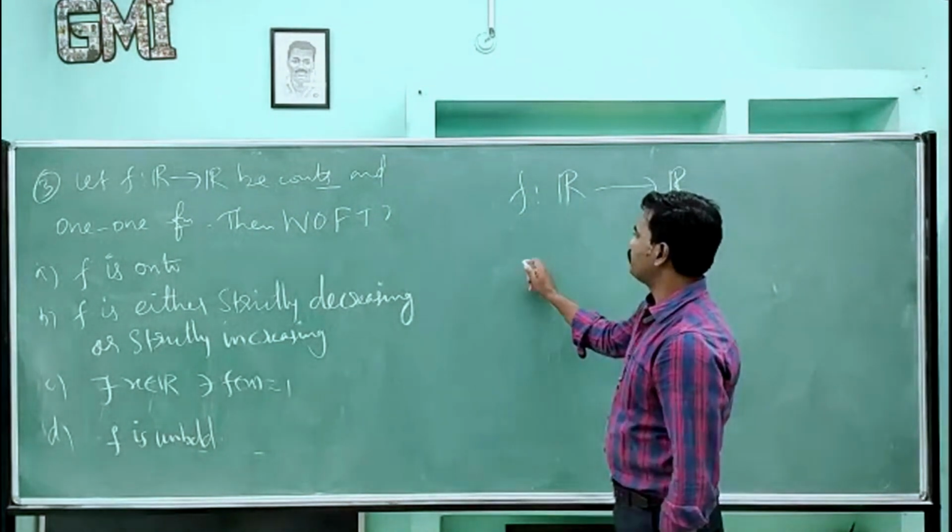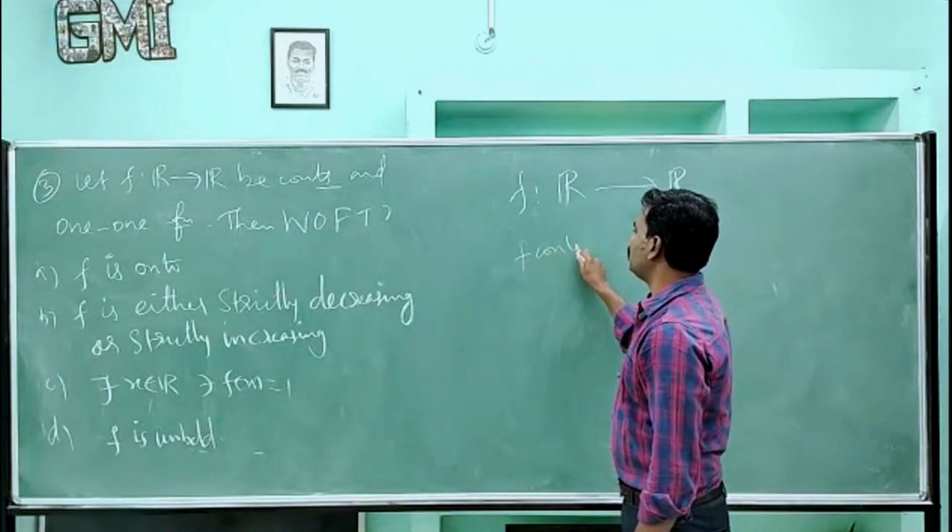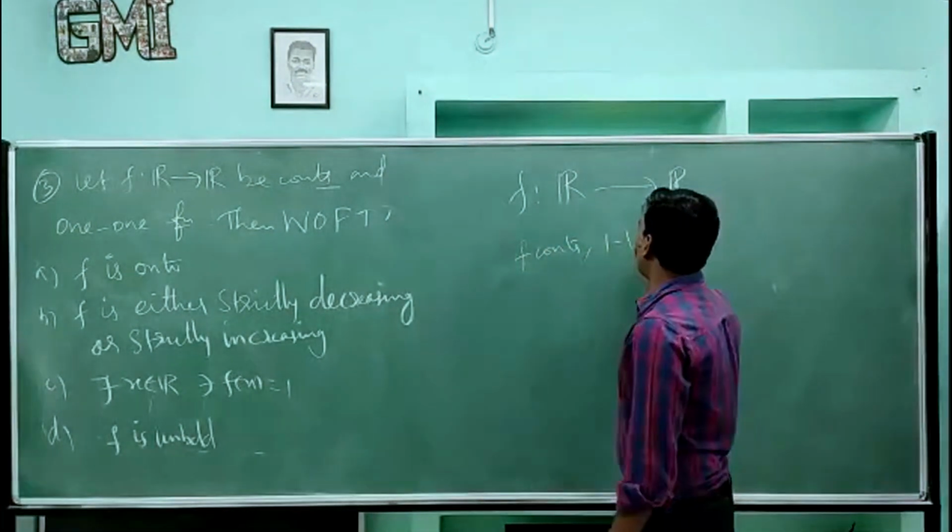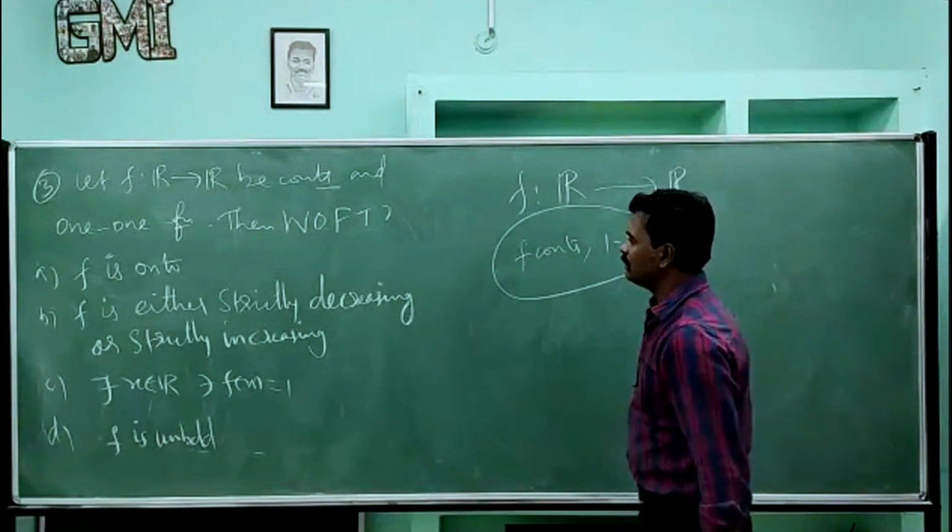Then which of the following are true? f is continuous and 1-1, this is a P statement.